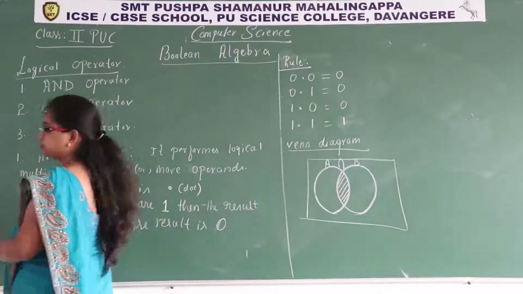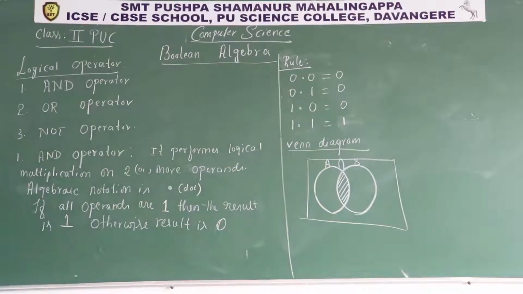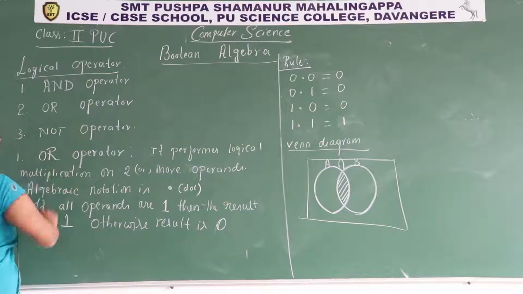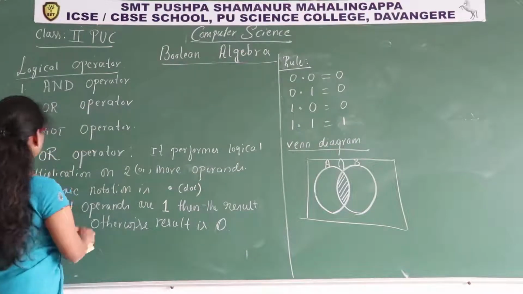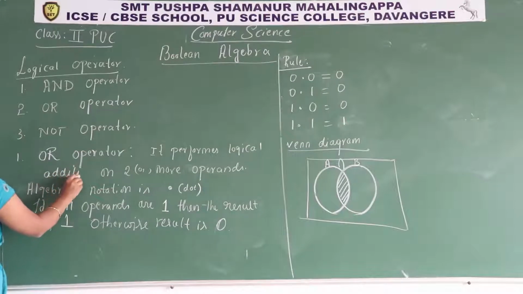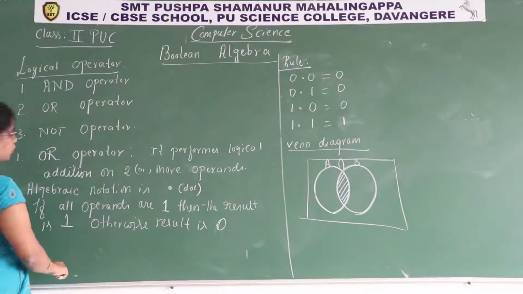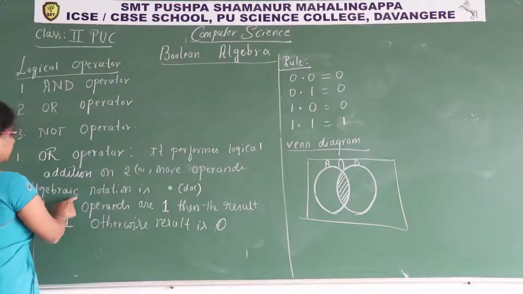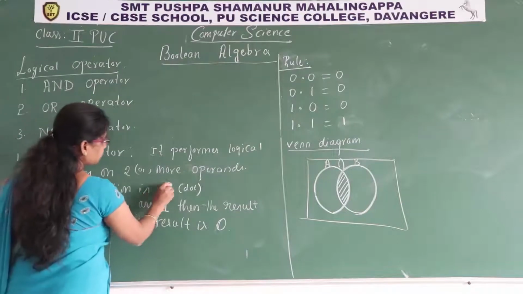Next, the OR operator. It performs a logical addition on two or more operands. The algebraic notation is plus.